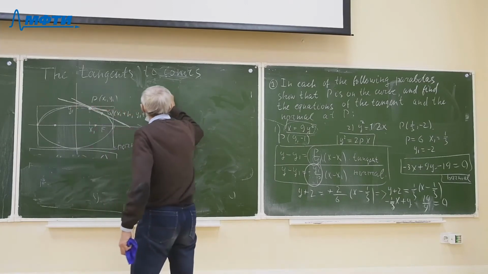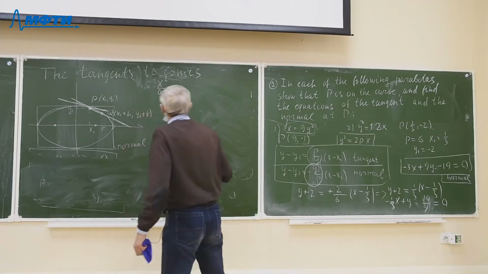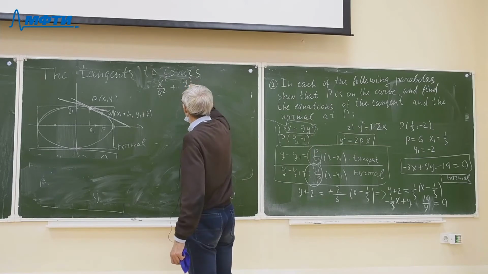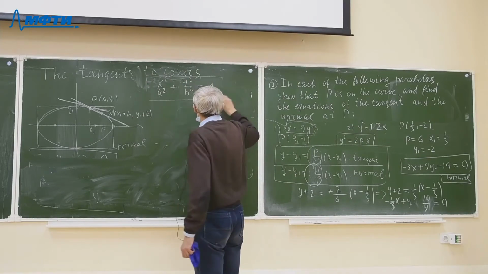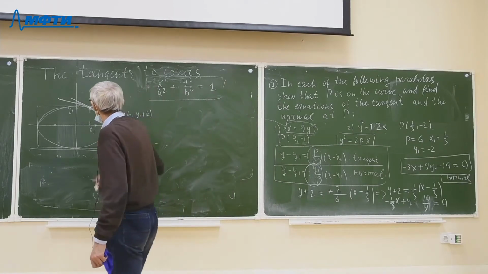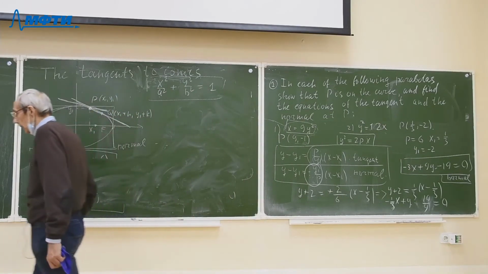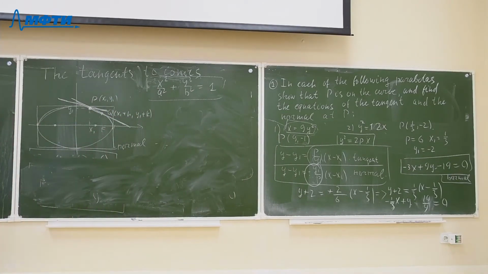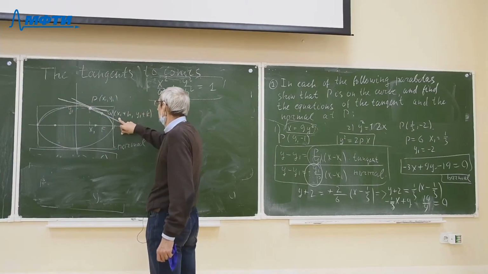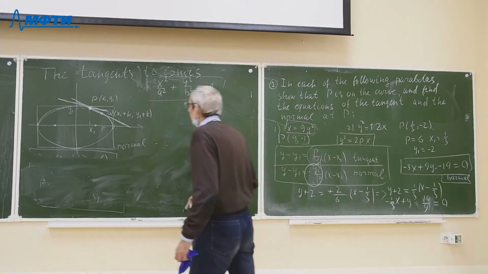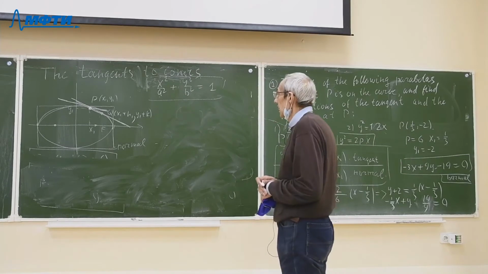We have some equation of ellipse, x squared divided a squared plus y squared divided b squared is equal 1. And we have some point P, x1, y1, and other point Q, which goes to the P. Q has coordinates x1 plus h, y1 plus k.